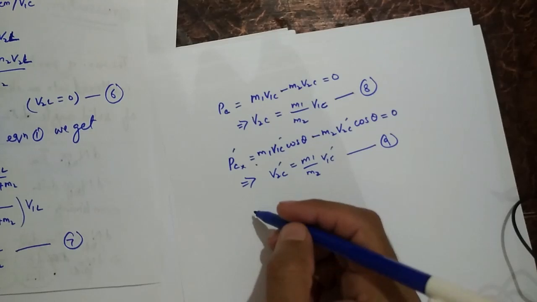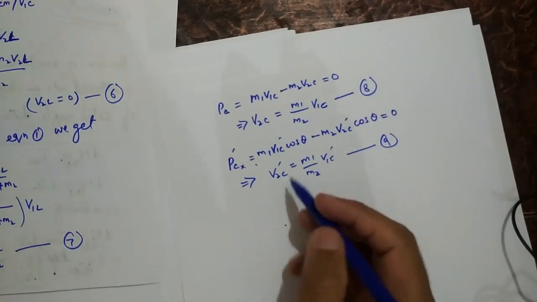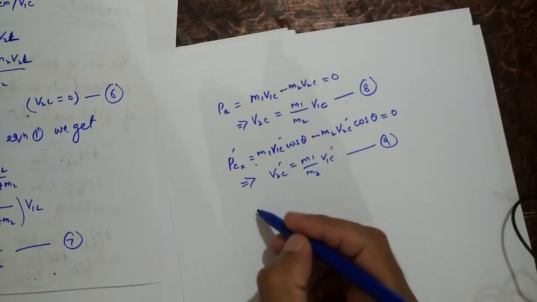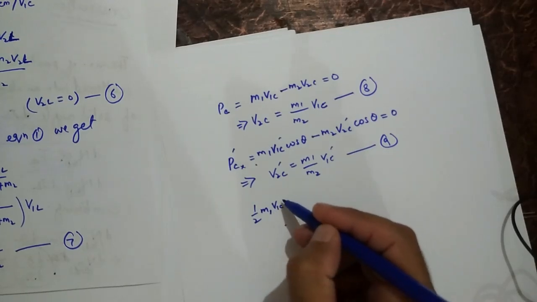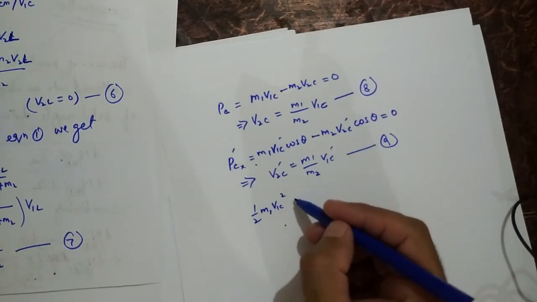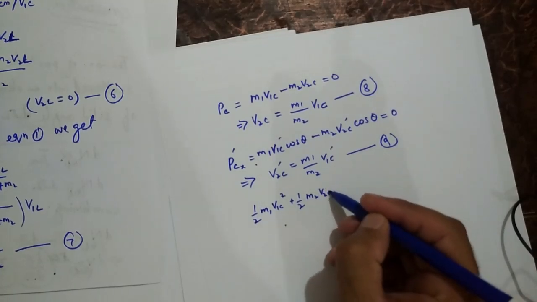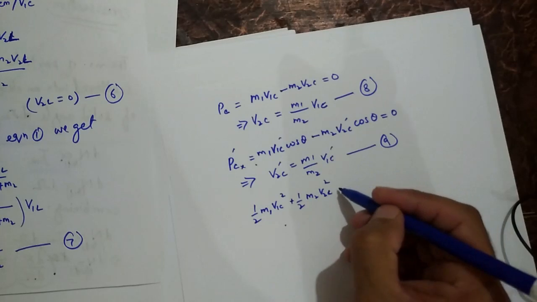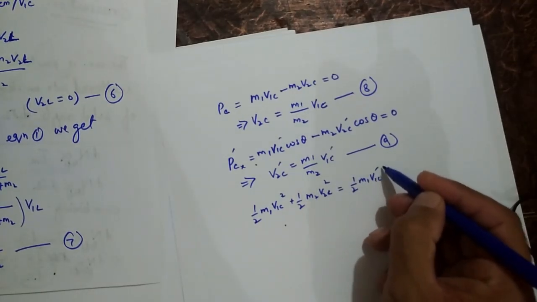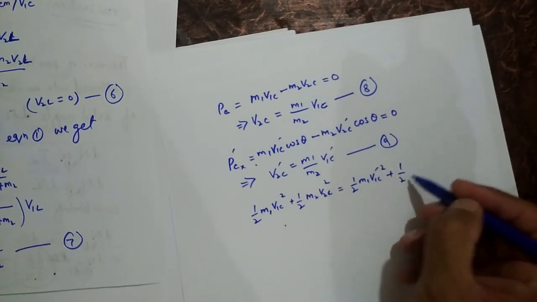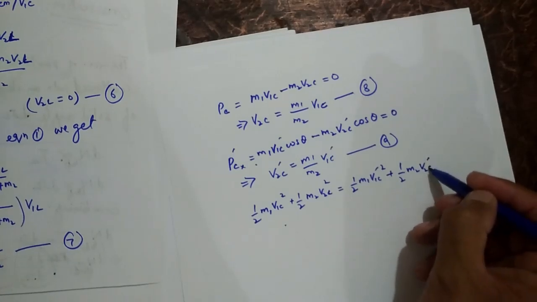So further, for an elastic collision, the kinetic energy remains conserved. Therefore, half m1 v1c square plus half m2 v2c square is equal to half m1 v1 dash c square plus half m2 v2 dash c square.